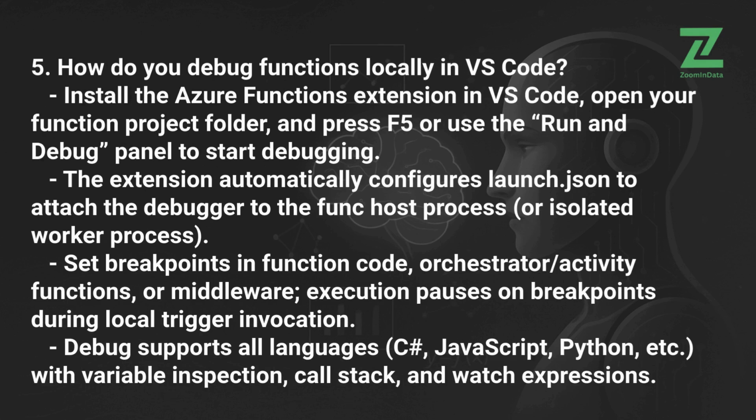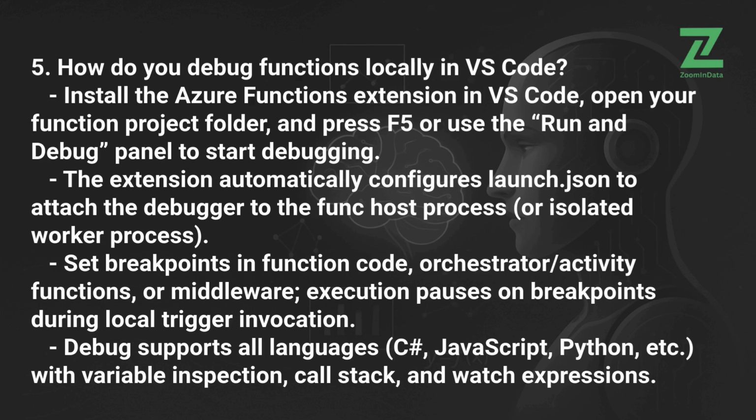5. How do you debug functions locally in VS Code? Install the Azure Functions extension in VS Code, open your function project folder, and press F5 or use the Run and Debug panel to start debugging. The extension automatically configures launch.json to attach the debugger to the func host process or isolated worker process.